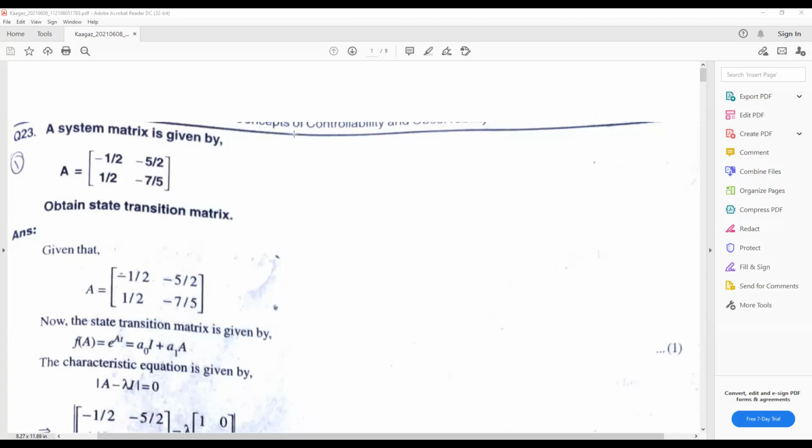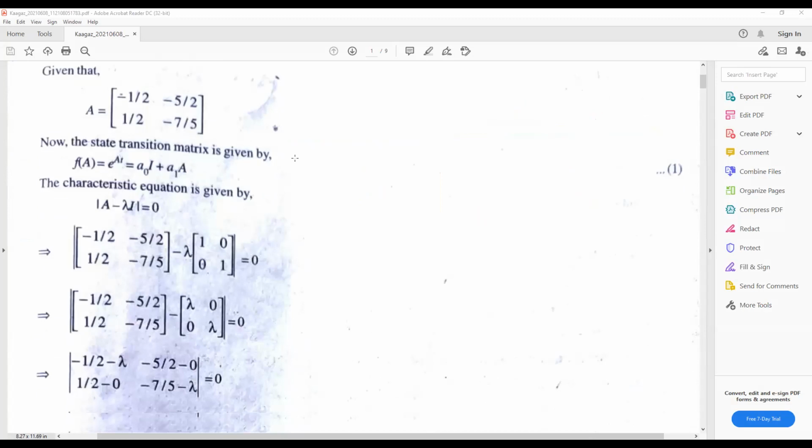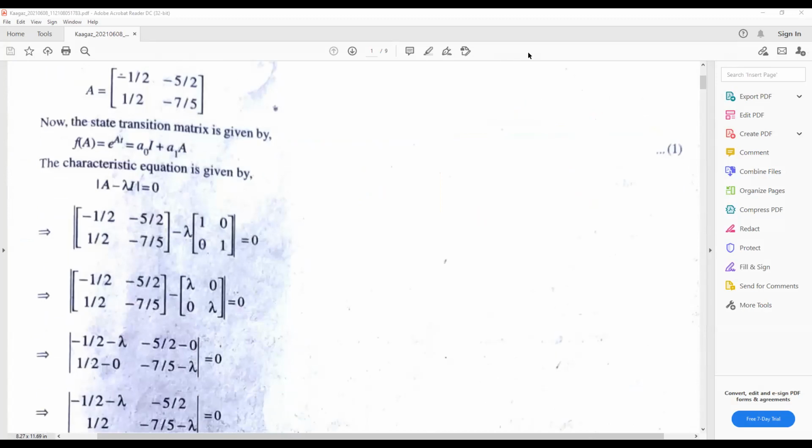So solving the state transition matrix. The formula of the state transition matrix is f of A, or f of lambda, is equal to e power At. This is the very simplest method.